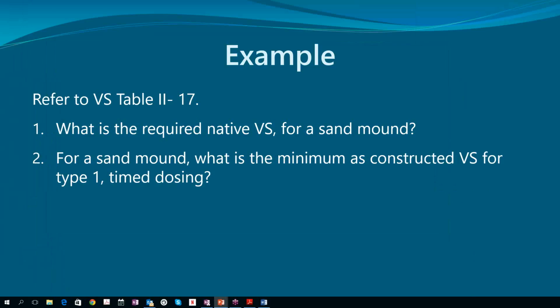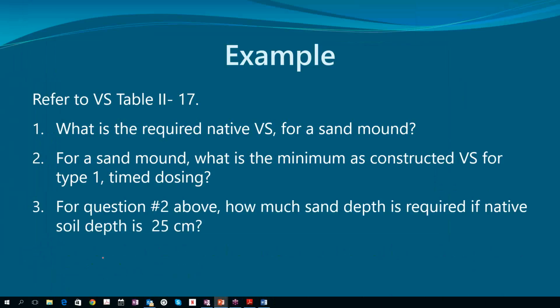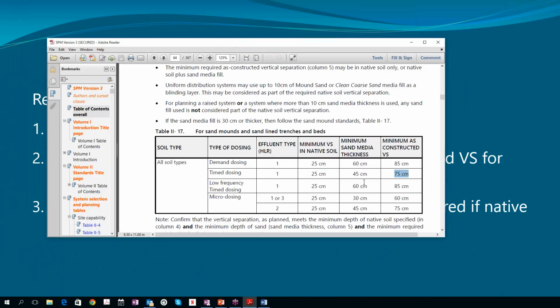And one more on the same topic. How much sand depth do we need? If native soil is 25, it's the same info as in question 2. So we need to meet all 3 columns. We need to make 75 total as constructed.